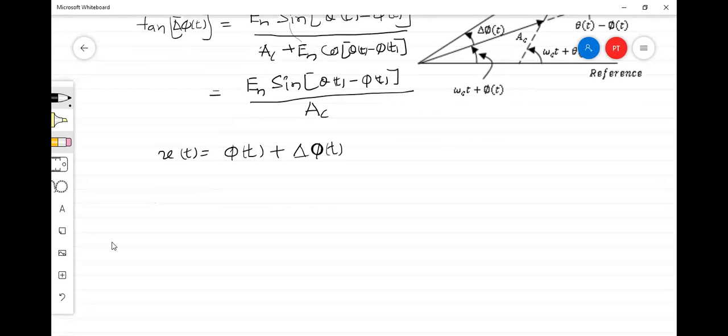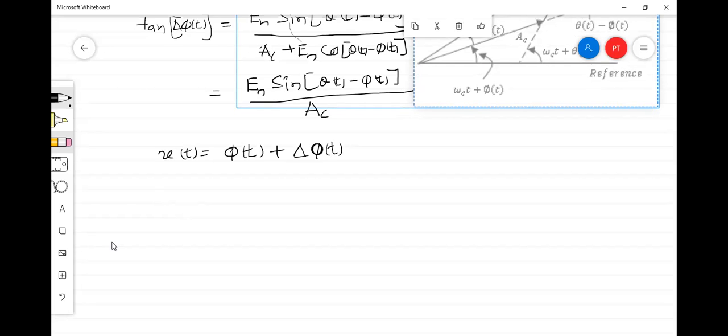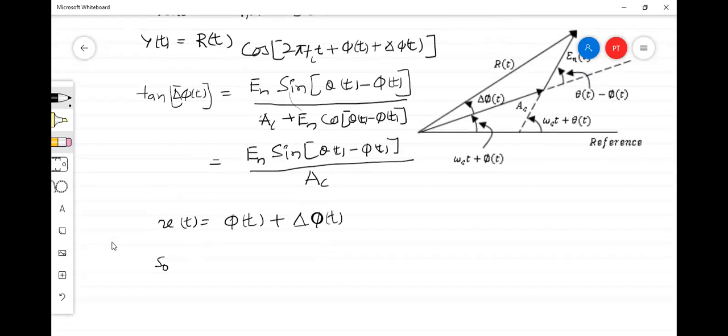After passing through the differentiator, S naught of t is given as a differentiation of phi of t, and it will also have some constant of proportionality, which I'm writing as kd.